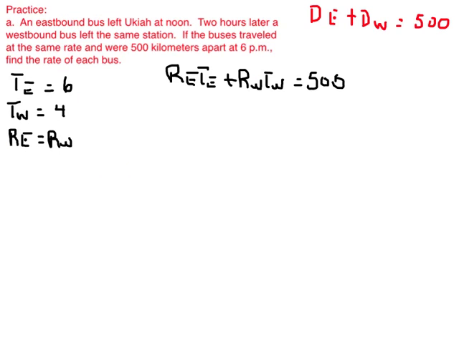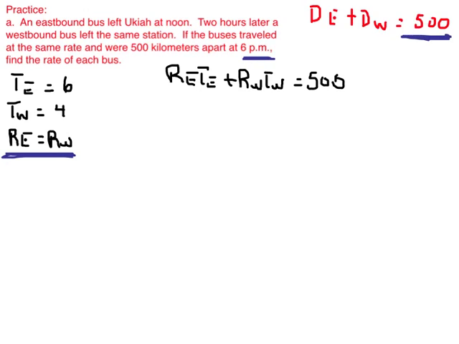An eastbound bus left Ukiah at noon. 2 hours later, a westbound bus left the same station. If the buses traveled at the same rate, okay, so the rates are the same, and were 500 kilometers apart, that's your distance, at 6 p.m., find the rate of each bus.